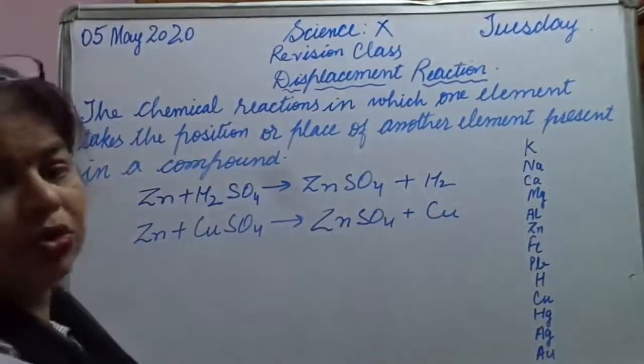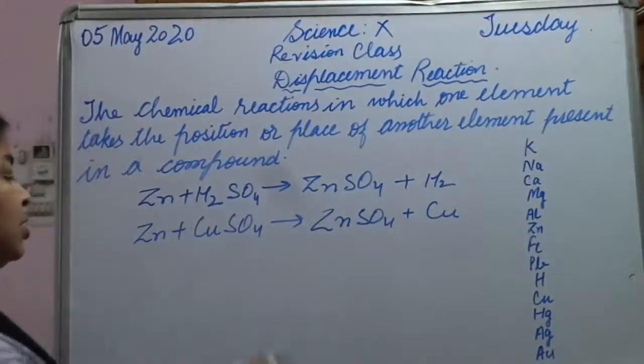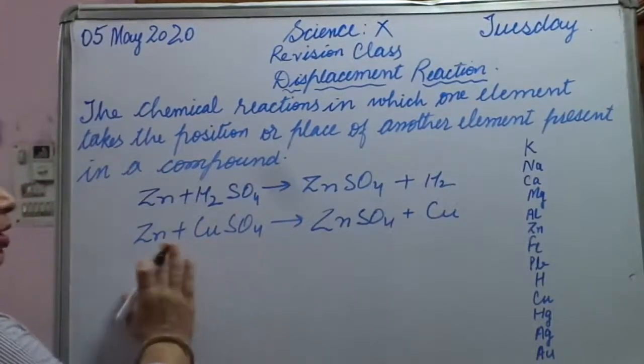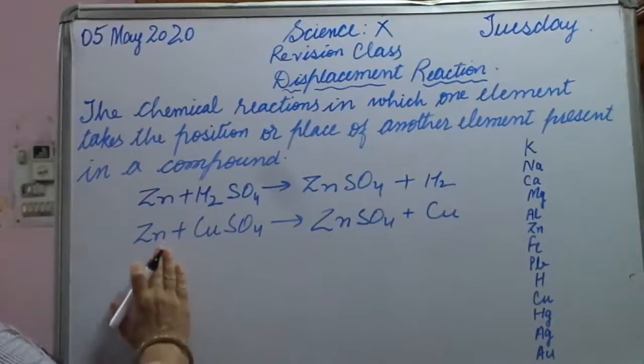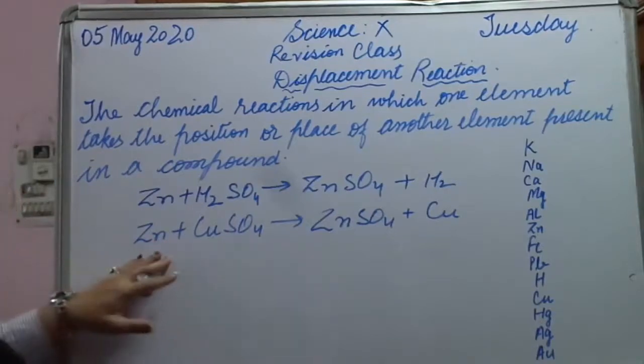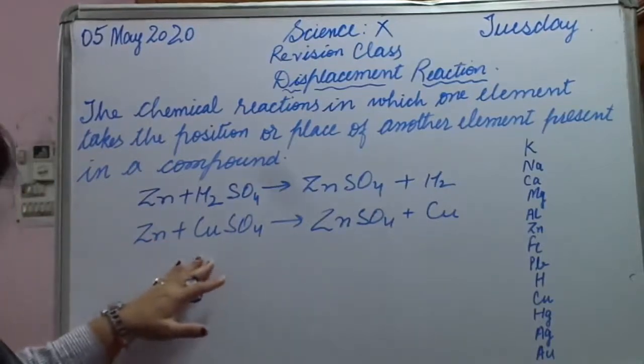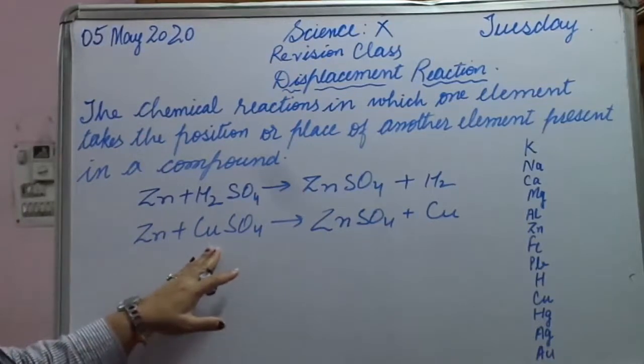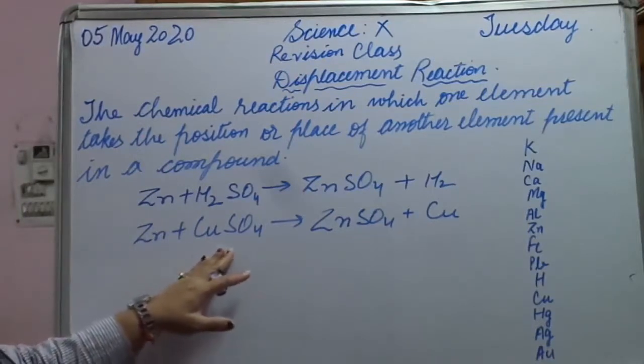So in this, what we need to do is check that there should be the metal that is being used to replace. For example, zinc is replacing copper from this compound, copper sulfate.